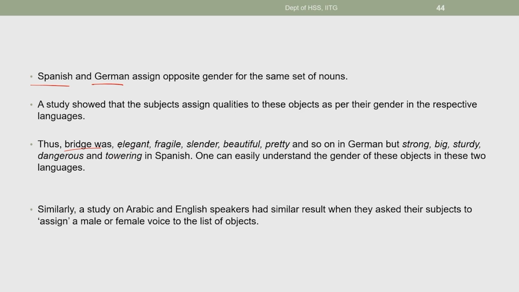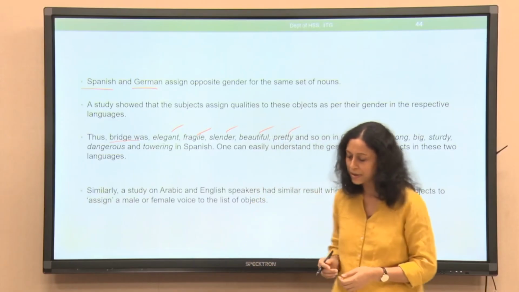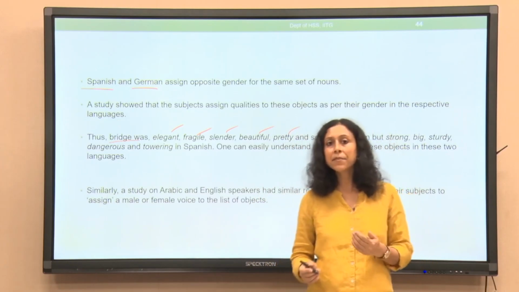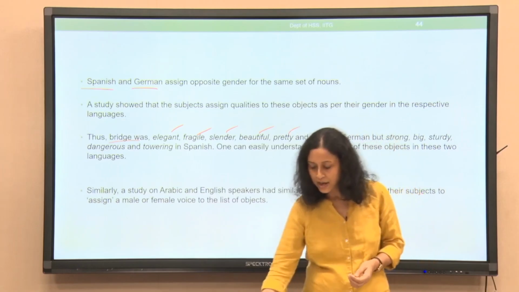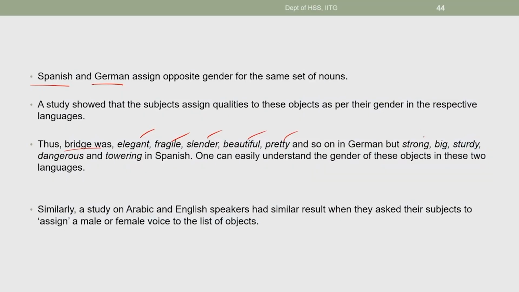So, bridge had got elegant, fragile, slender, beautiful, pretty and so on in German, because in German the noun bridge is feminine. However, the same noun bridge is masculine in Spanish, and the researchers found that the Spanish speakers used adjectives like this to describe the bridge in Spanish.